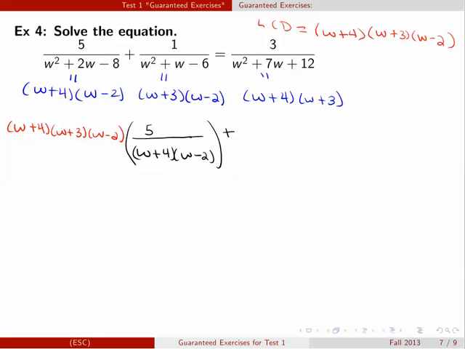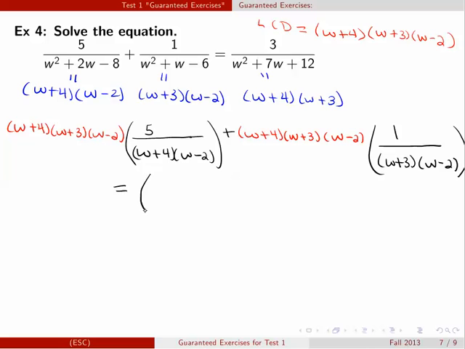Now I'm gonna take my LCD, multiply by my second fraction, and as before I'm gonna keep the denominator factored. So we get this. Okay, and that's equal to on the right.